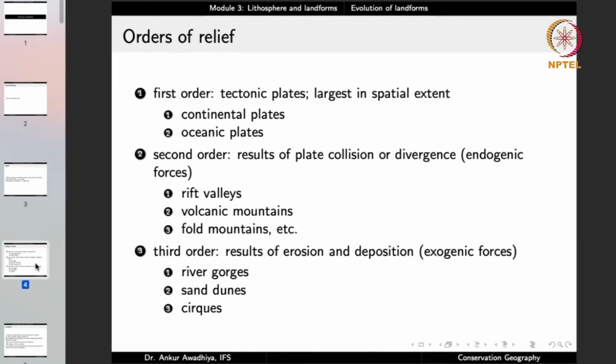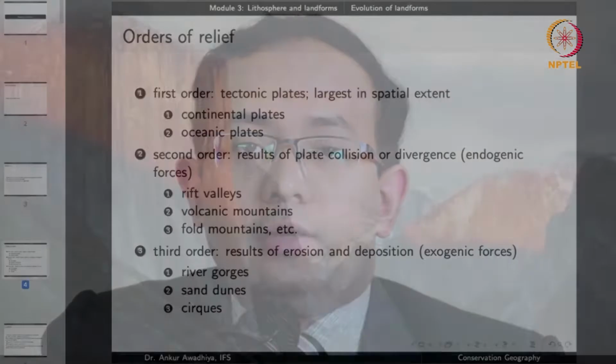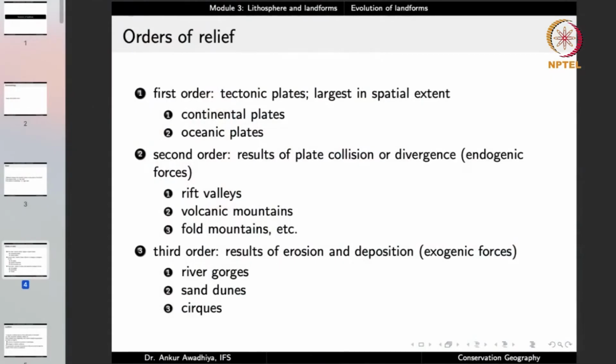Now, relief can be looked at different scales. When we say that relief is the difference between two elevation points, what is the distance between these two points? Are we looking at close by points, or points that are very far apart? So in this context, we talk about the orders of relief. The first order comprises tectonic plates that are the largest in spatial extent.